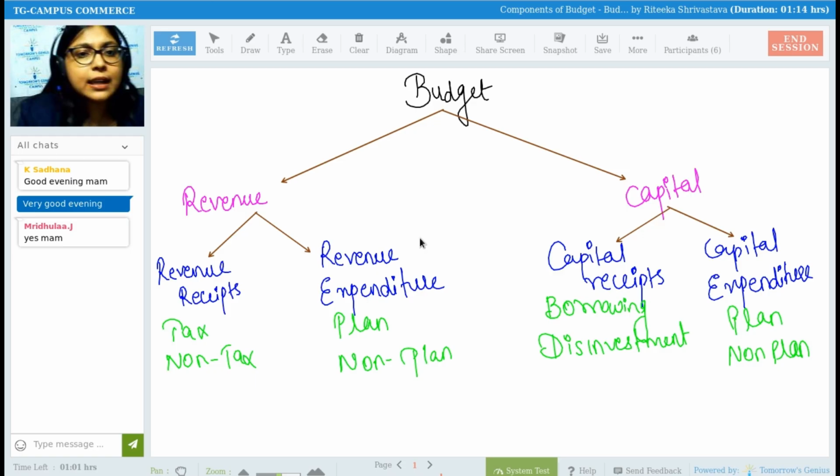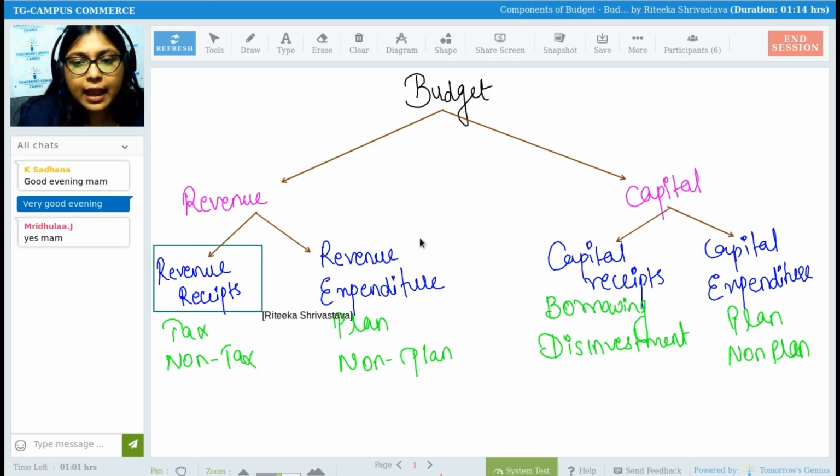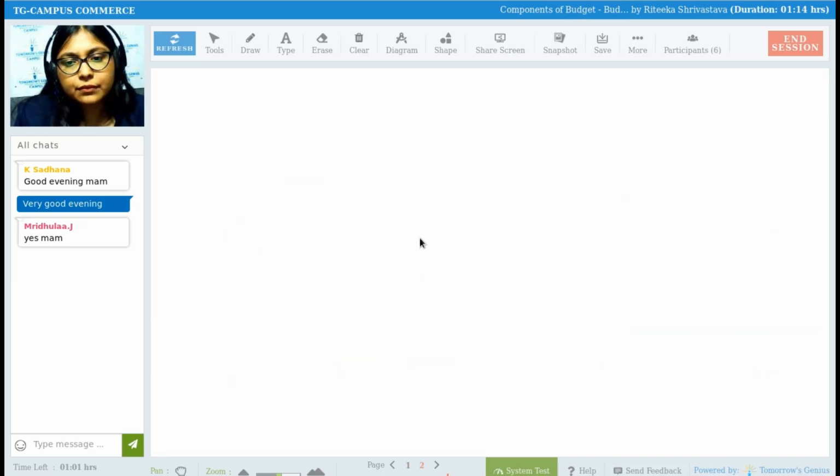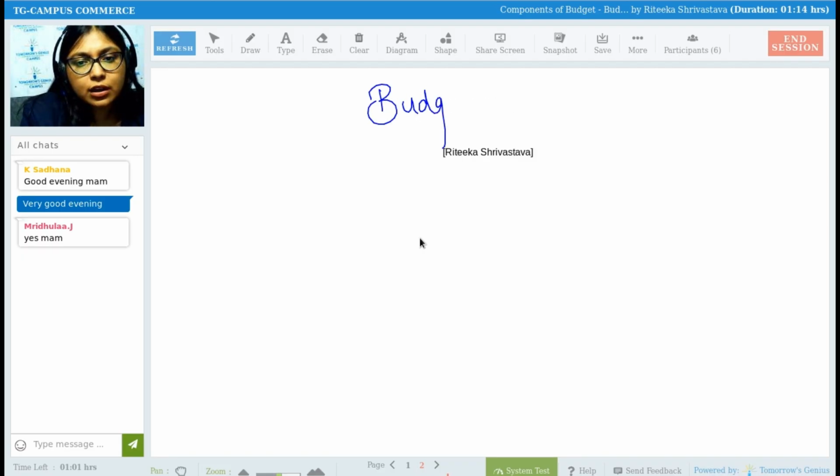Out of which in the last class we had already started with revenue receipts and capital receipts. We had divided budget into two forms basically. Budget receipt was divided into two forms. I said first we will start with the receipts part and then we will be looking towards the expenditure.